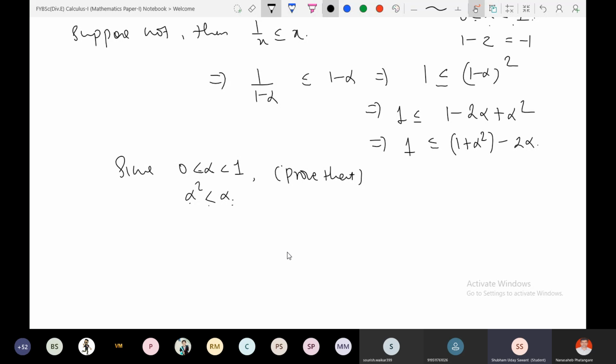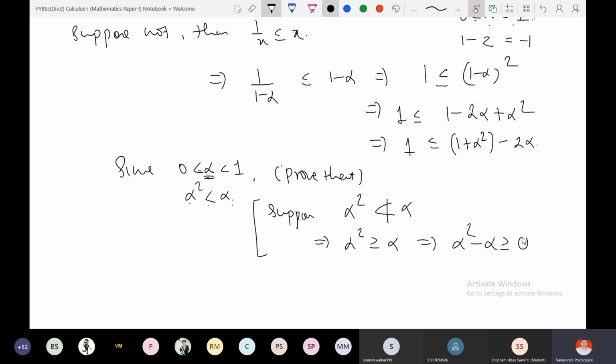Sir, can we consider the opposite case, that alpha square is greater than alpha, and then multiply both sides by the multiplicative inverse, that is 1 by alpha? You can't consider it like that. Let us suppose alpha square is not less than alpha, and I am assuming alpha is less than 1. That means alpha square is greater than or equal to alpha. That means alpha square minus alpha is greater than or equal to 0.